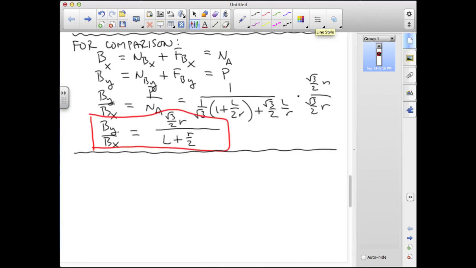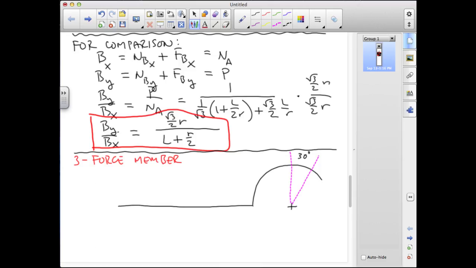Now, why would I do all that? Let's go back to a free body diagram of the spanner wrench. And now, if I were going to recognize this as a three-force member, I have forces applied at 3 locations. I have the force applied at P here. I've got the normal force at A here, and I've got the force applied at B through the pin at that location.